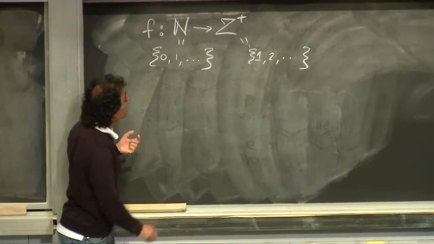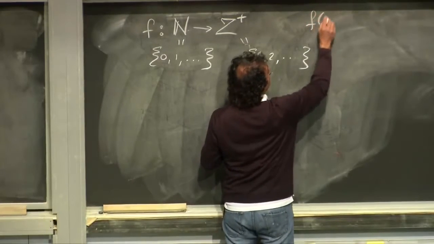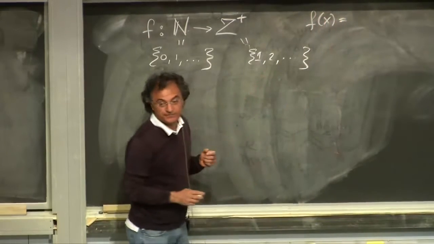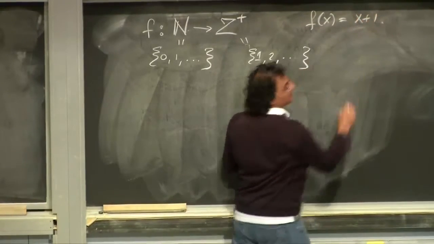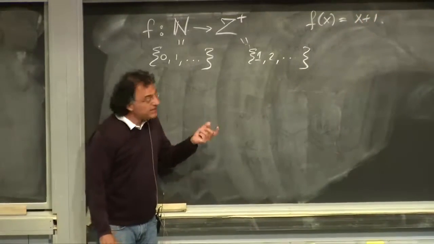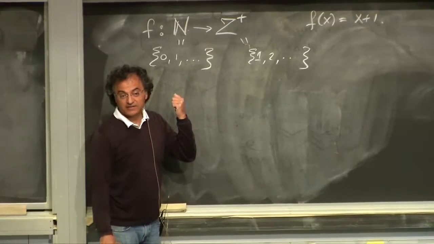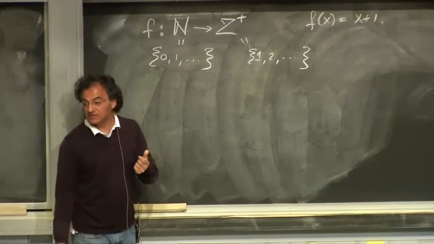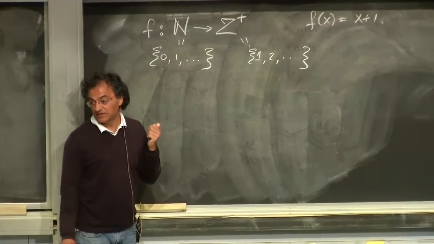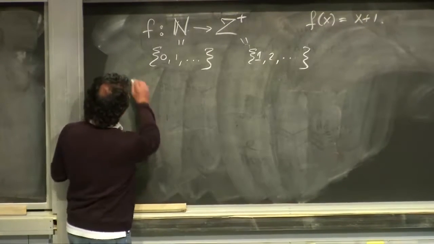And the way it works is f of x equal to x plus 1. Right? It's a bijection because it has an inverse. And the inverse is g of y equal to y minus 1. Right? Okay.